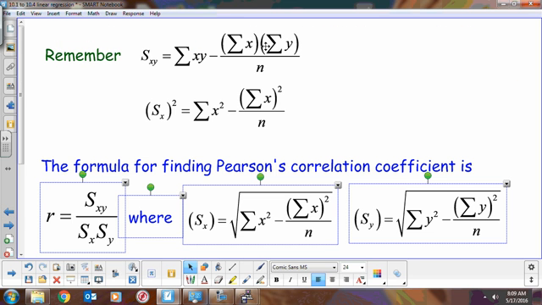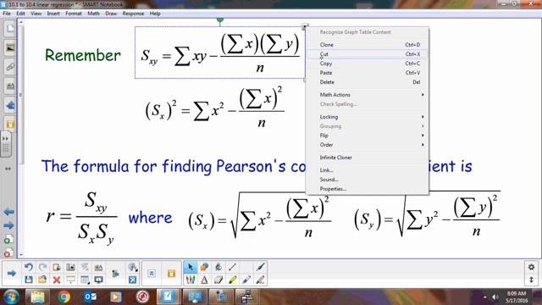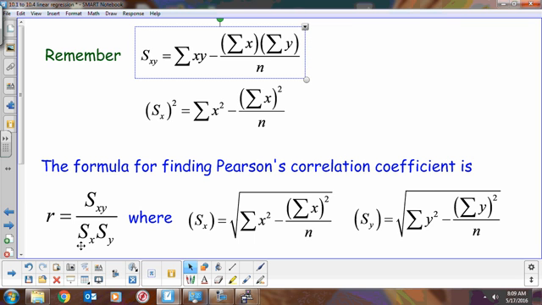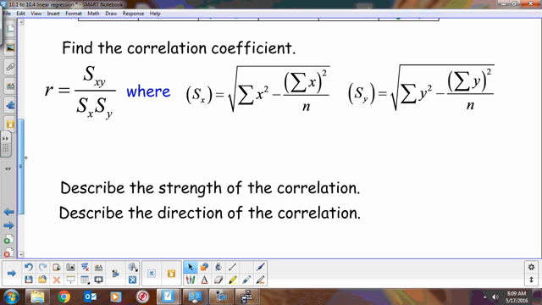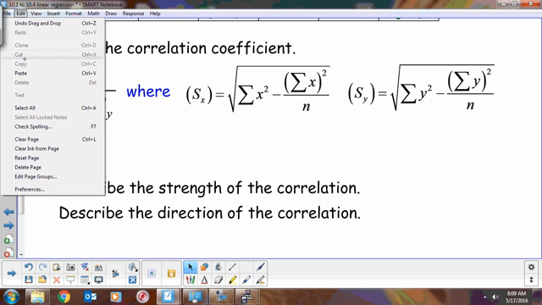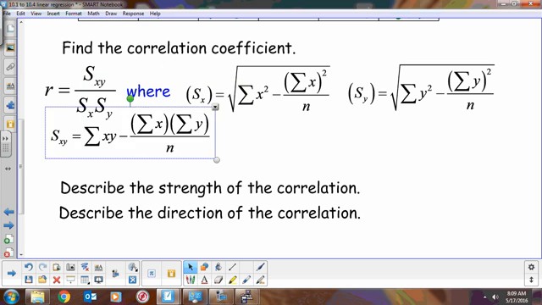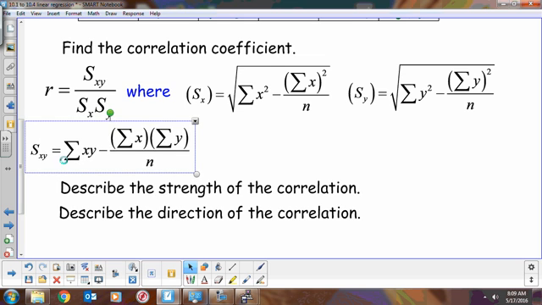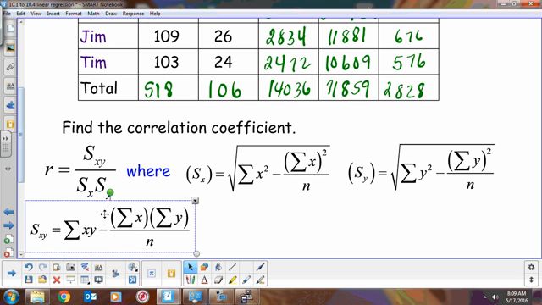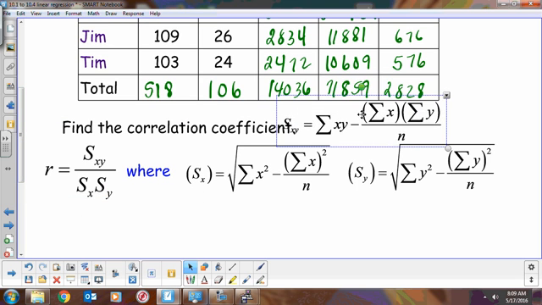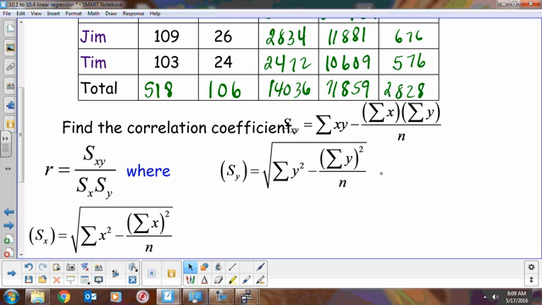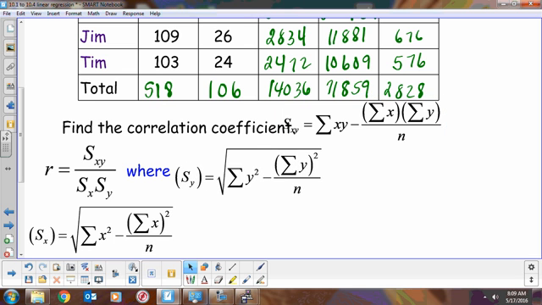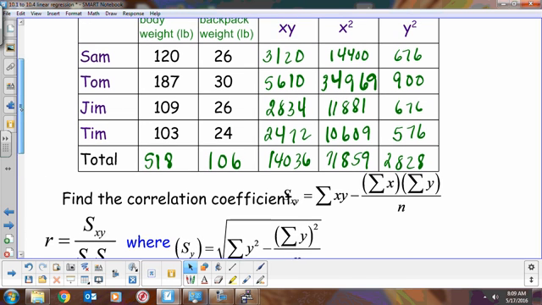There it is. All right. So what we need is our data. So I'm going to do this up here. We're going to move these down here. All right. So we have the sum of our xy's, correct?